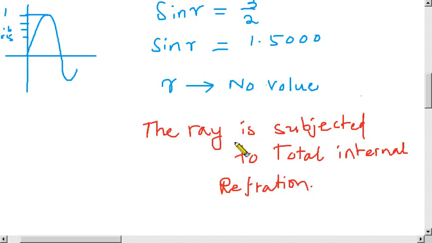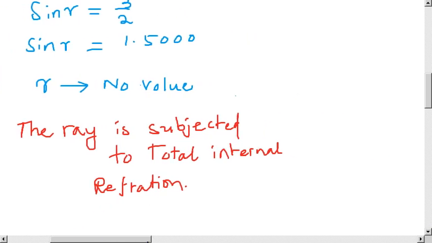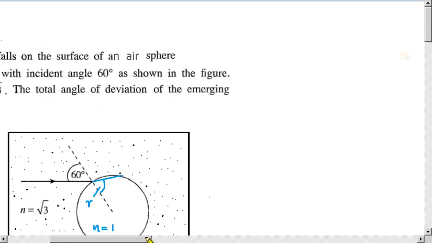So you can write like this and take your decision. So that means total internal reflection has occurred here.